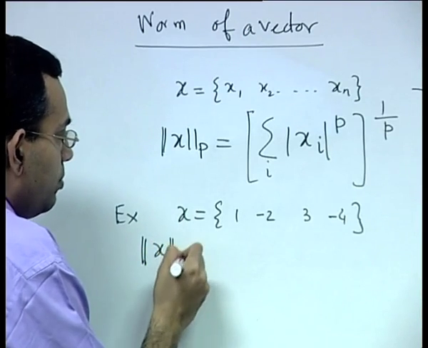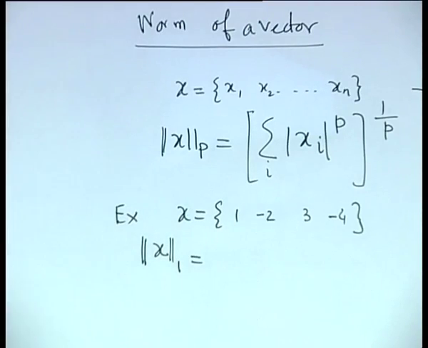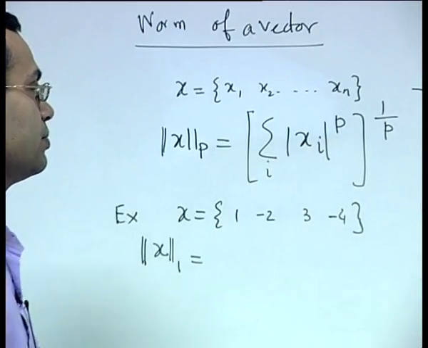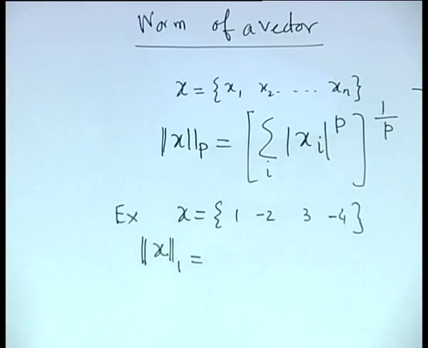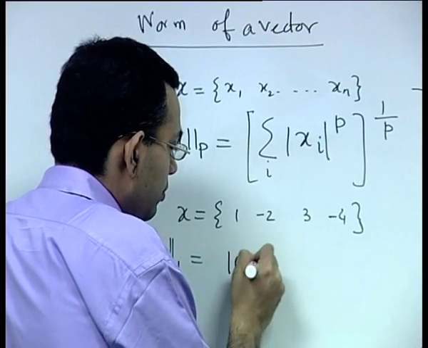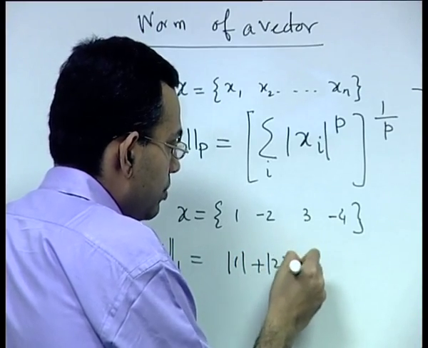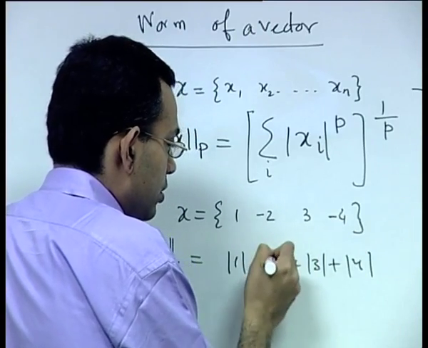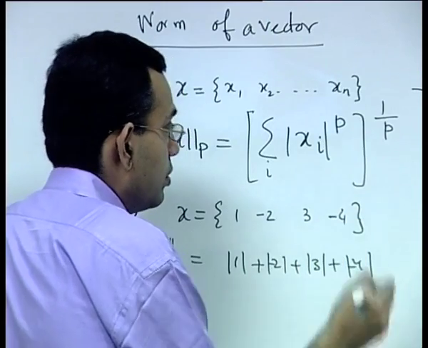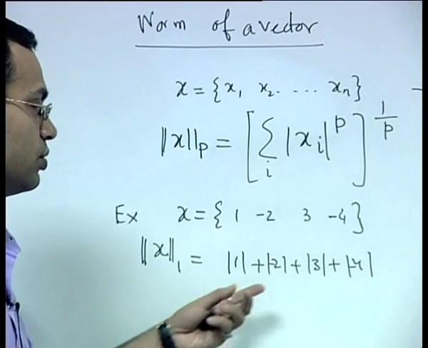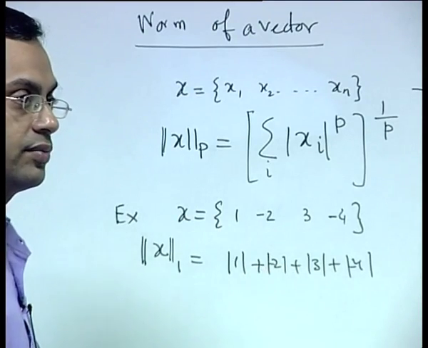The first norm, summation of mod of xi to the power p. So, mod of 1 plus mod of 2 plus mod of 3 plus mod of 4. So, this is 10.